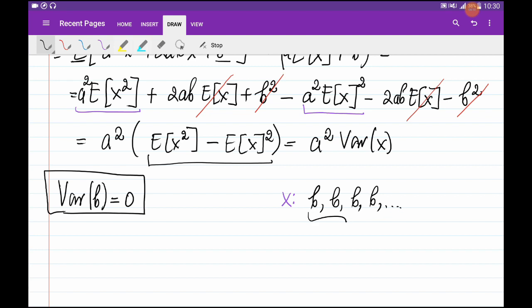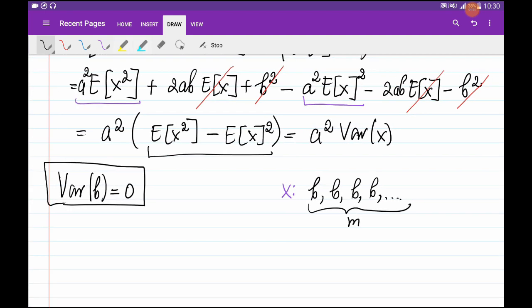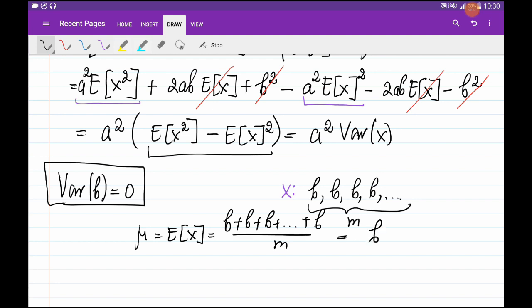Right? So I've got m trials and m results which are the same. Previously we discussed that the mean, or the expectation of this random variable, which is the average of all the outputs, is b plus b plus b and so on, plus b, divided by m, which gives me again b, because there are m b's.